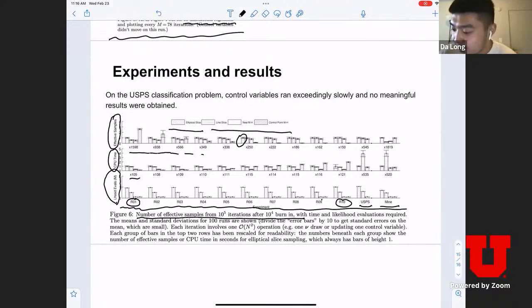Yeah, the first bar means the elliptical slice sampling. But for the first experiment, R01 looks like it is the control point, yeah, it is better. For the low dimension, the effective samples of the control point image is better. But when the dimension is high, the control point image almost failed.